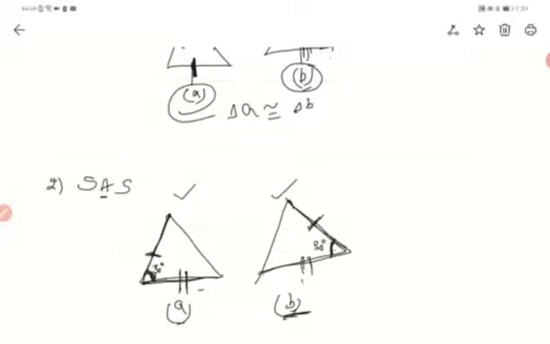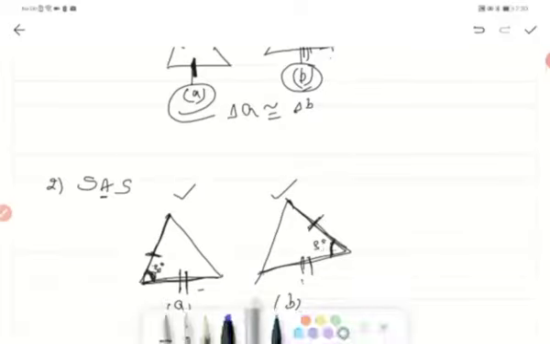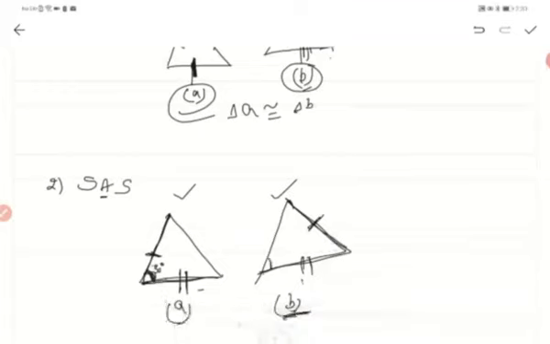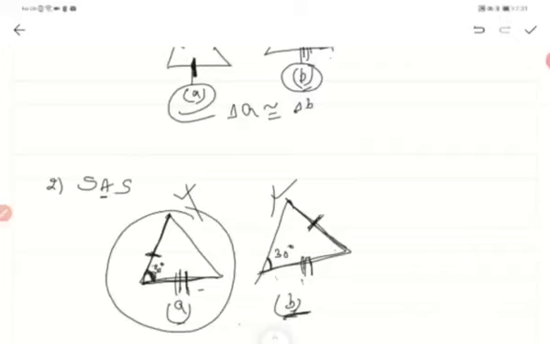Suppose instead of this angle I have the other angle, and this angle is 30 degrees. Now you can't say these two triangles are congruent. Though you have two sides equal in these two triangles, the angle is not included. This triangle has the included angle as 30 degrees, but here the included angle is, suppose, 40 degrees.